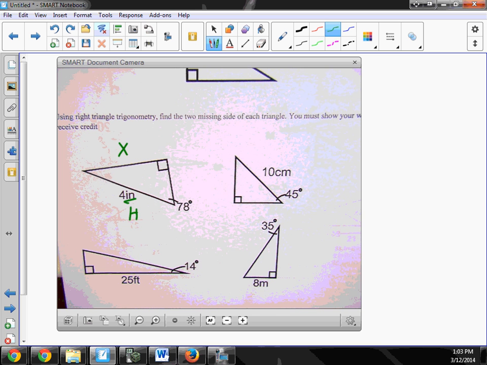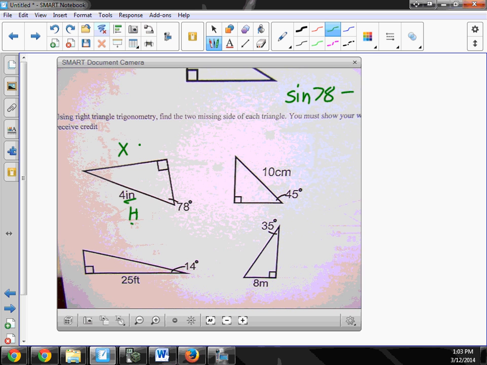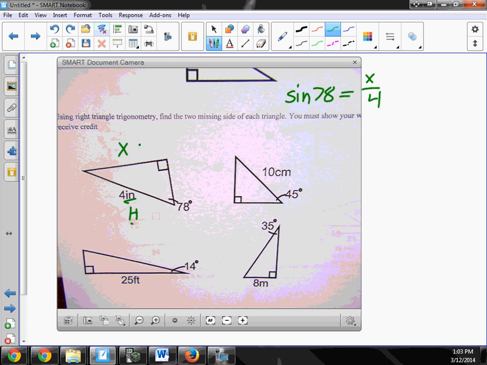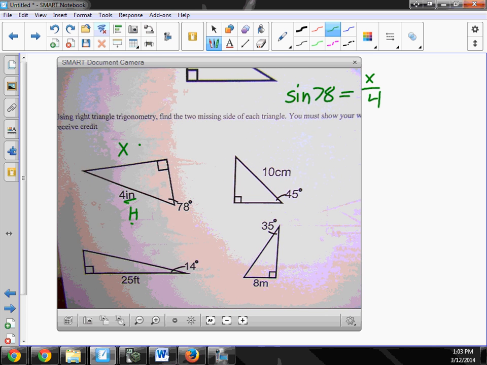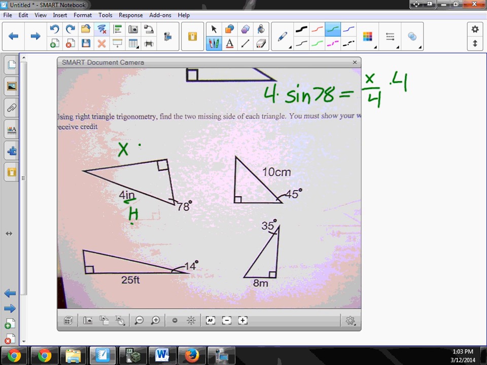So which one uses opposite and hypotenuse? Sine. So we write the sine of 78 is equal to x over 4. Does everybody understand how I set that up? Now in this case, we just times by 4. So the answer is 4 sine of 78.